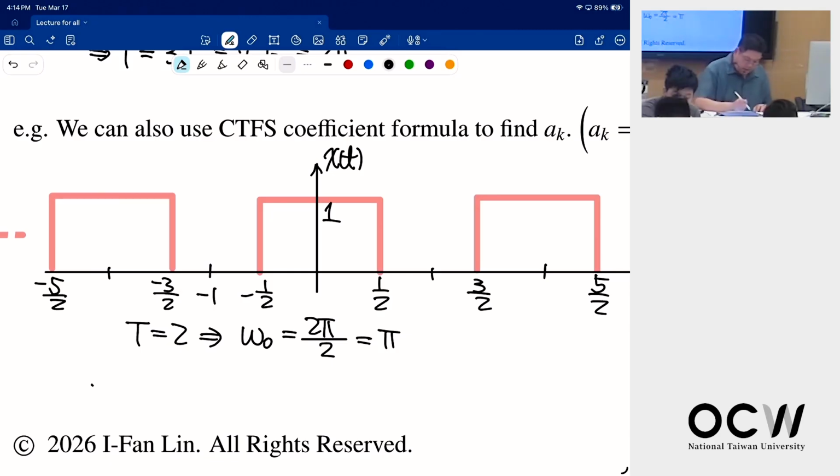So your coefficient is 1 over 2, 1 over T, integral from minus 1 to 1 of x, and in the product, your basis.